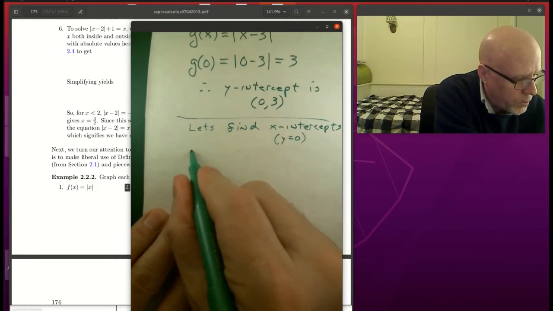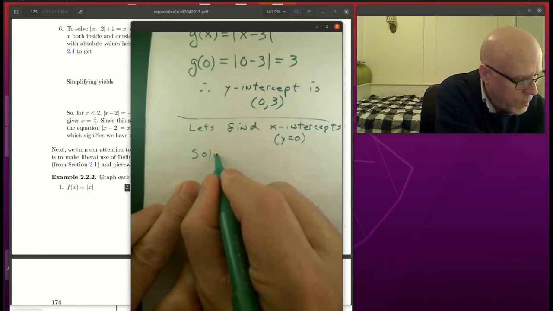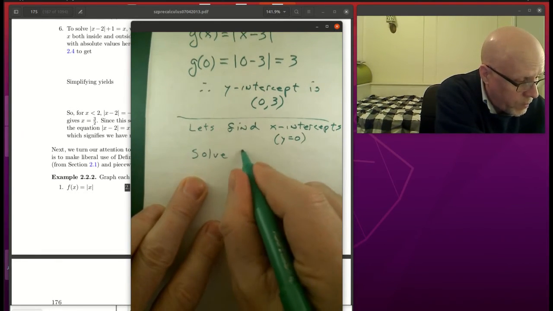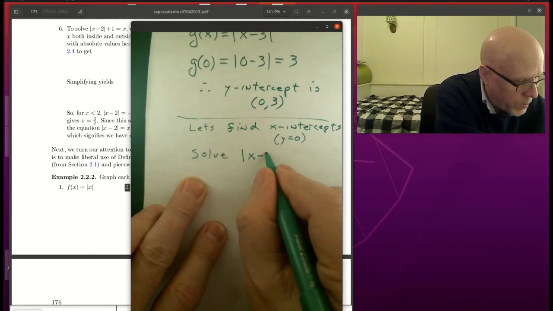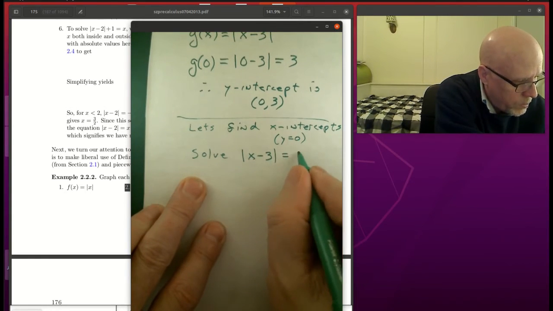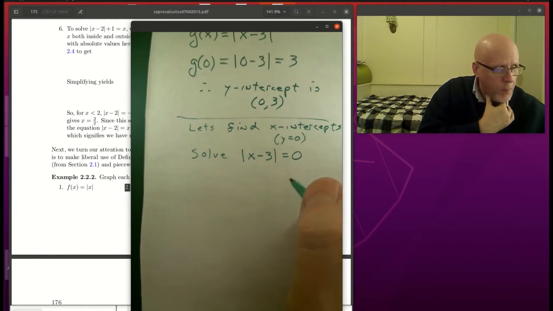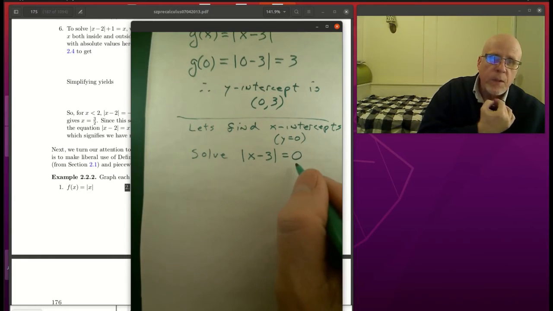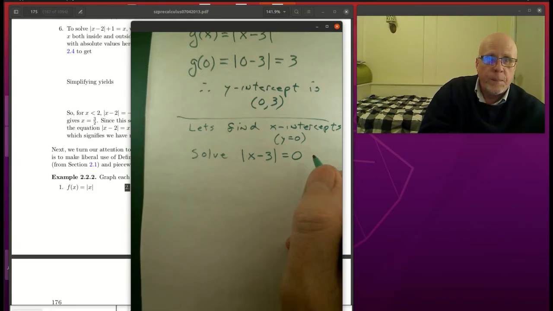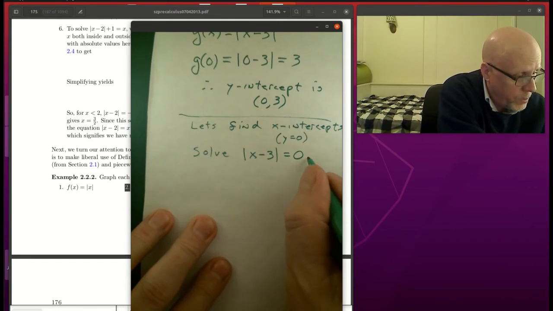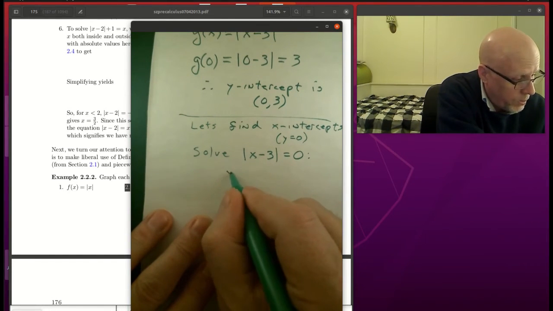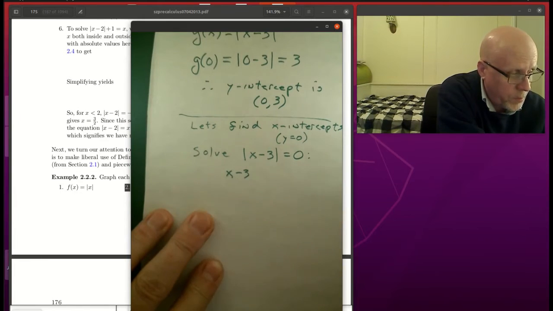In other words, we're going to solve what x values give us absolute value of x minus 3 equals 0. This is one of the rules we had. When is some absolute value of a thing equal to 0? Only under one circumstance. It's when that thing is equal to 0. So to do this, you simply go, okay, what's in absolute values, which is x minus 3, has to be equal to 0.